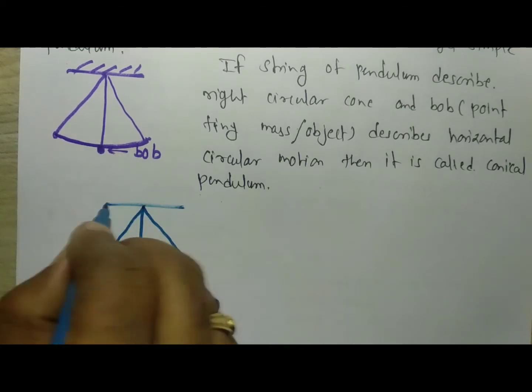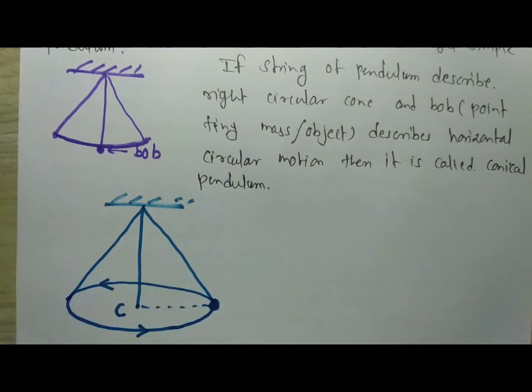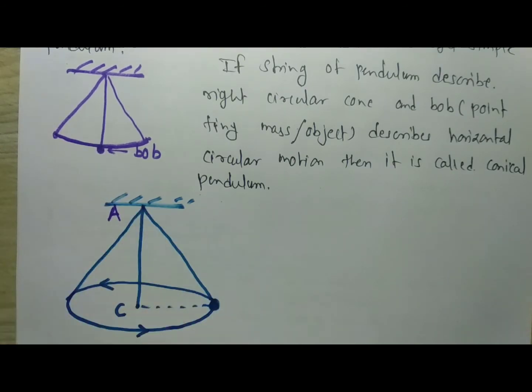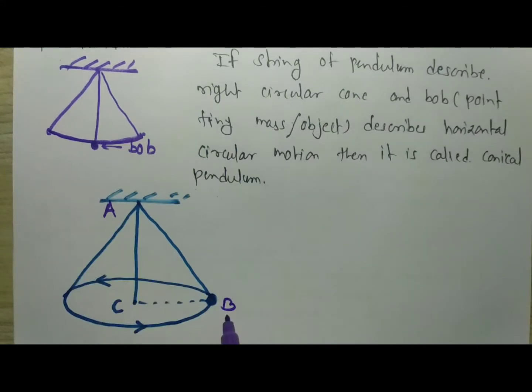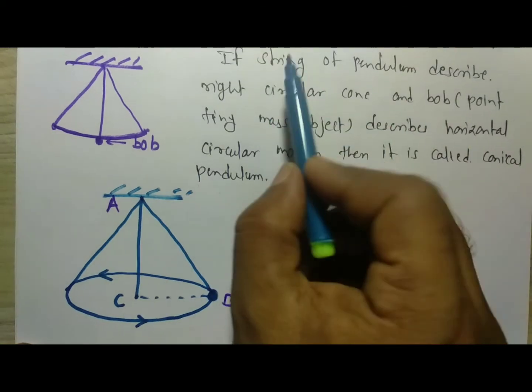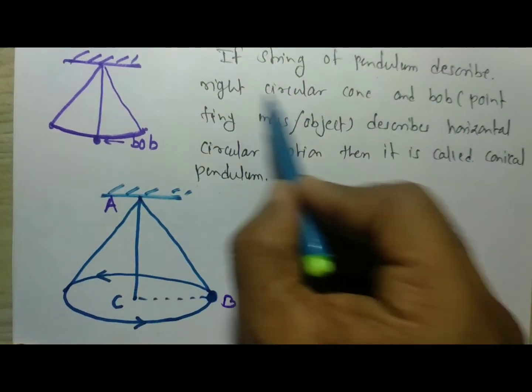Let us consider the suspension point to be point A, where the simple pendulum is attached, and C be the center of the circle, and the bob B is at position B. Once again we think about the definition of the conical pendulum. Inside this, the string of the pendulum describes a right circular cone.